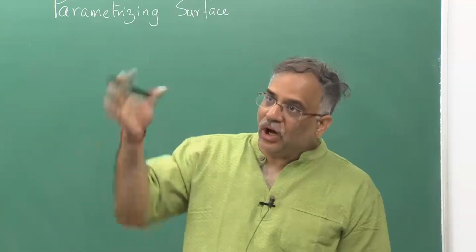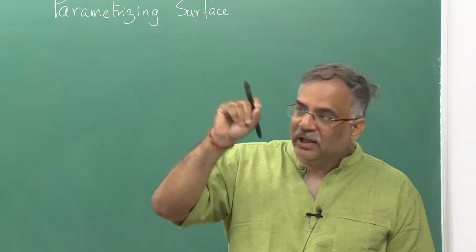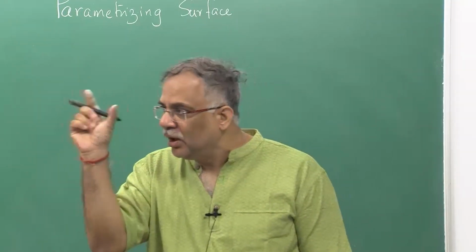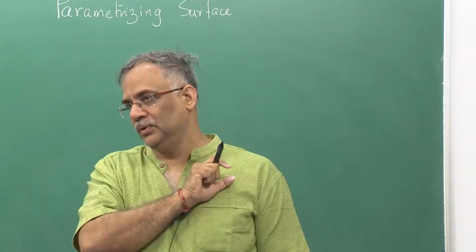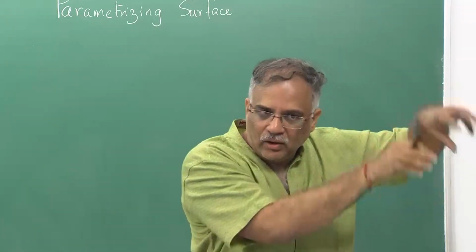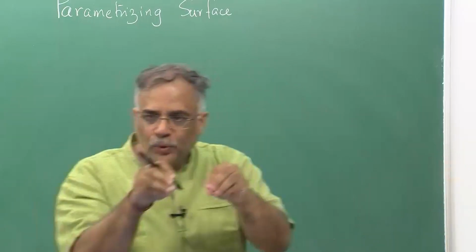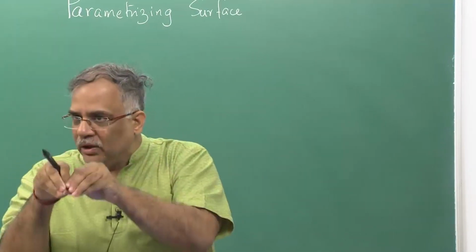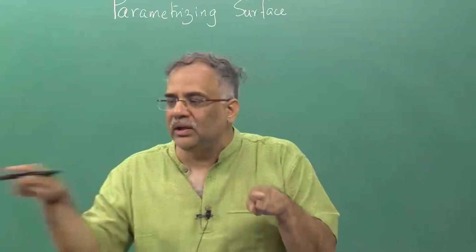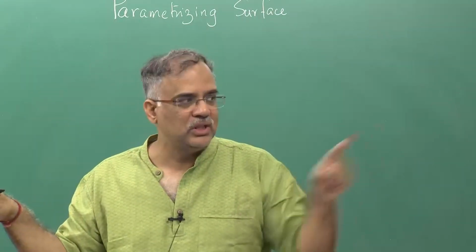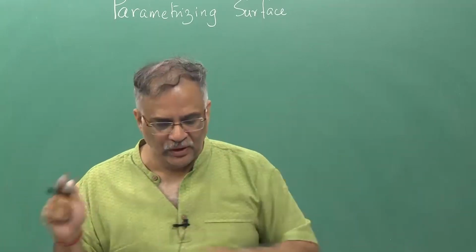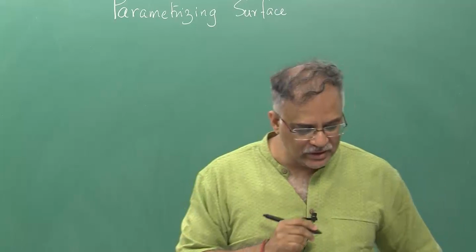Means I can have a function which returns, for every value of the parameter, a coordinate of the surface. So I put a (u, v) in a function phi, and the output would be x(u, v), y(u, v), z(u, v). If I change the (u, v), the point will change. Two different (u, v)'s will not give me the same point. That is what is called parametrization.